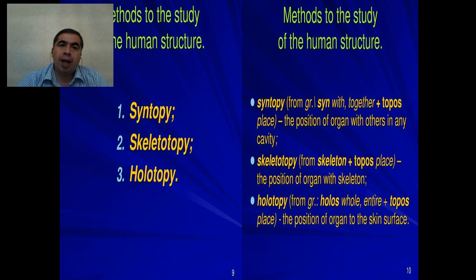Methods of studying of the human structure. Yes, for understanding, especially, for example, internal organs, they have a deeper localization than the other structures like the muscles or of course the joints. These deeper structures, visceral structures of the human body, we can investigate by the syntopic, skeletotopic, and holotopic way.